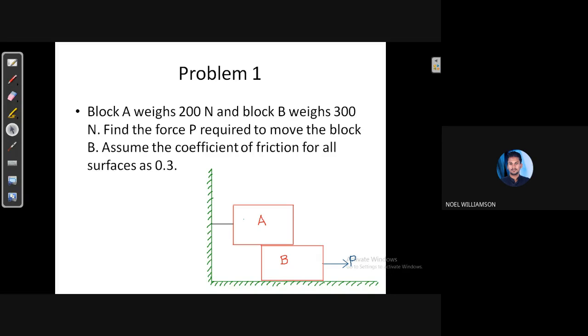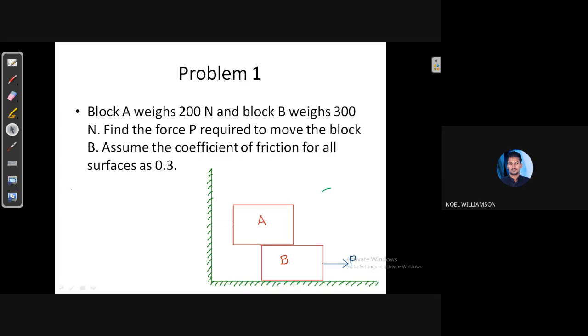So you have completed the question, right? Now we'll see how we can solve the problem. Here in the question, it is given block A weighs 200 Newton.